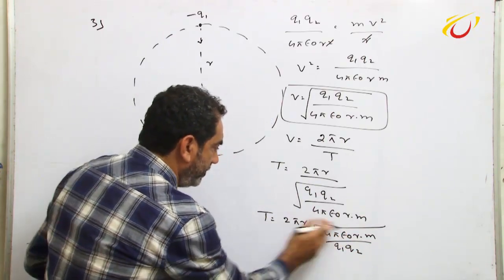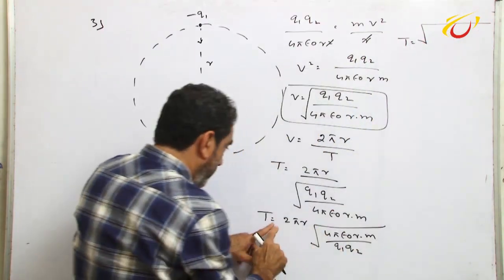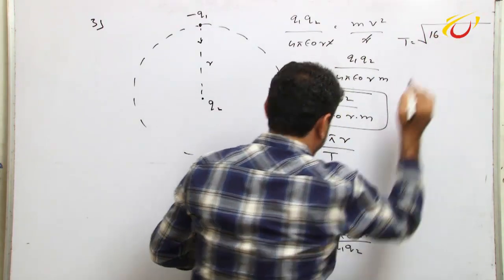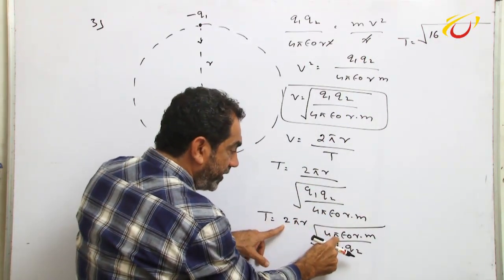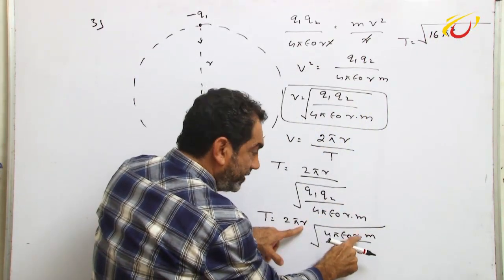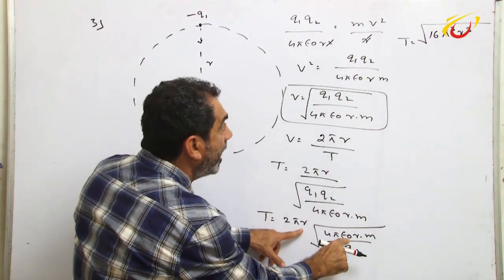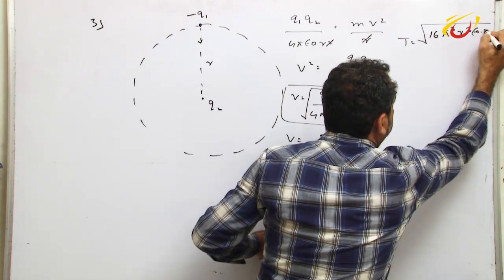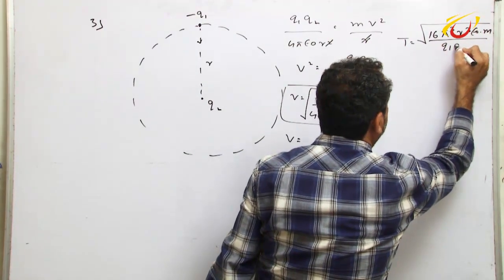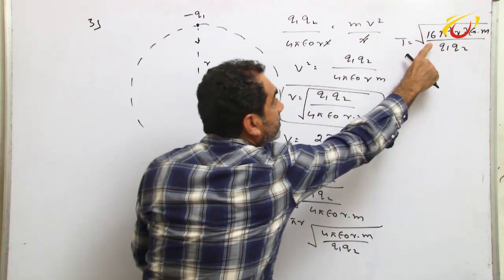Take everything inside. 2 will go inside and become 4, 4 4s are 16.